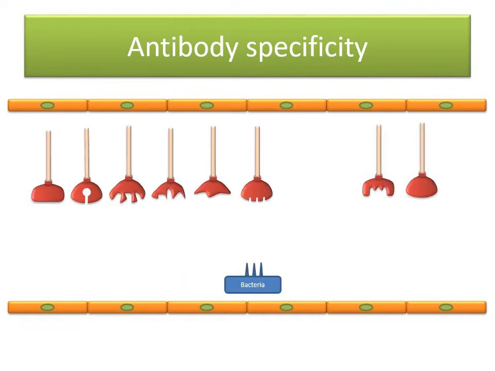So how does it work? Here we have a bacteria on the bottom with three of these little triangles that are meant to represent some wacky thing on the outside of the bacteria. And we have a selection of antibodies on the top. What you can see is that one of these would be a fairly good match for the bacteria. Whether it's an initial IgM or an IgG binding to the bacteria, it will bind and signal the bacteria for destruction.